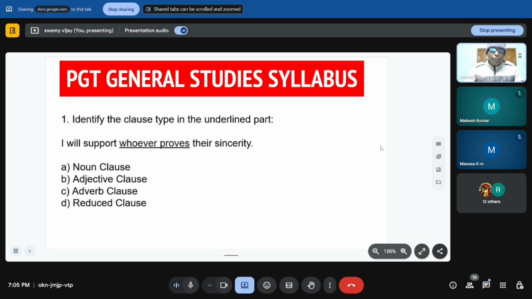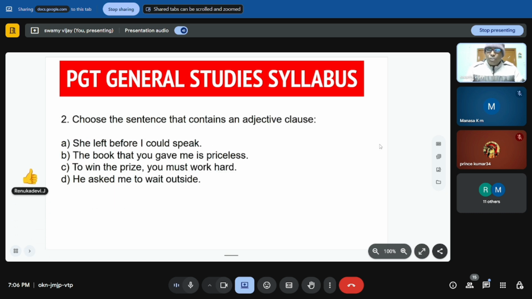I will be explaining things fast because these things were taught to you, or you might be teaching these topics to many students. So I don't waste your time, the 1 hour duration will go quickly, but I'll explain everything clearly. So the answer to this question is, it is a noun clause. Let's go to the next question.